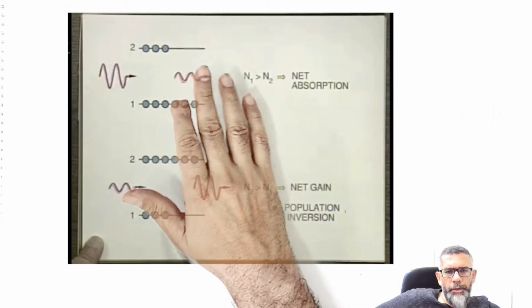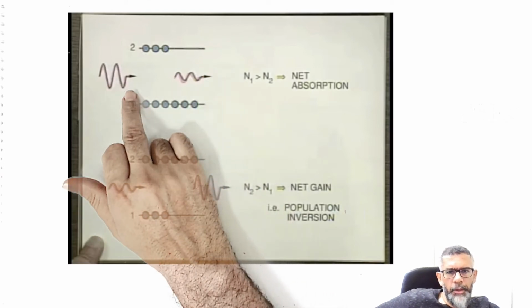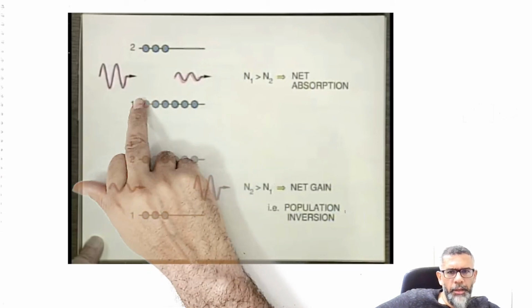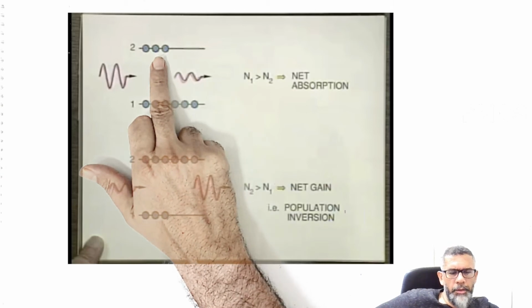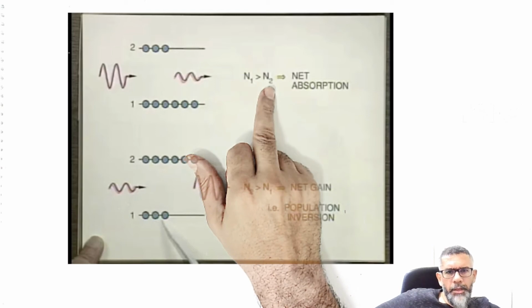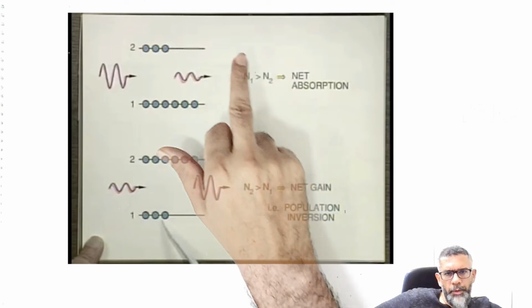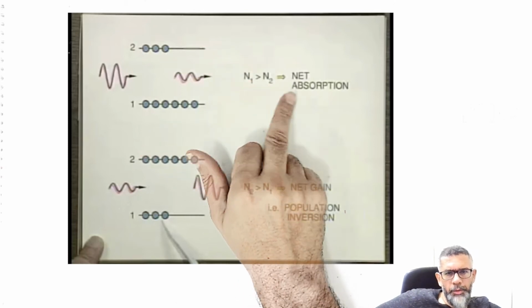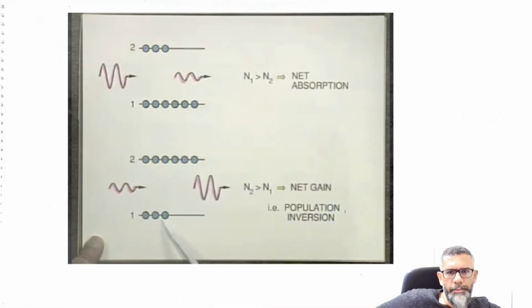Every time you do this experiment, you will observe that the incoming intensity drops because there are more atoms in the ground state compared to the excited level. N1 refers to the number of atoms in the ground state and N2 to the number of atoms in the excited state. So if N1 is larger than N2, this causes absorption, and there is net absorption in that first case.